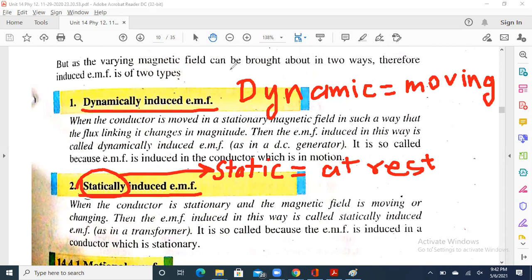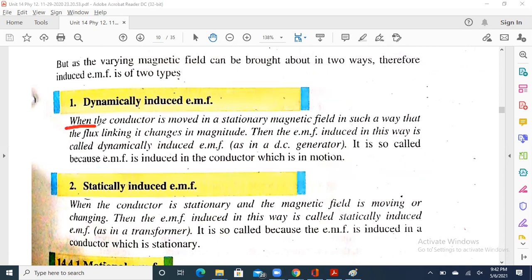So if the main conductor is placed and it is moving relative to the magnetic field, meaning the magnetic field is stationary while the conductor is moving, it means that the coil is moving towards the magnet and then away from the magnet.